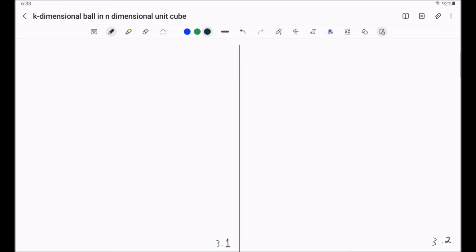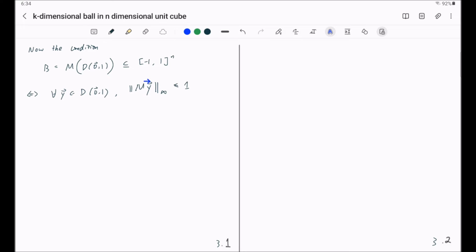Now the hypothesis, the condition that B, this ball, which is the image of M, being contained in this cube means that for any y in the unit disk in Rk, each coordinate of the vector My must be bounded by 1.